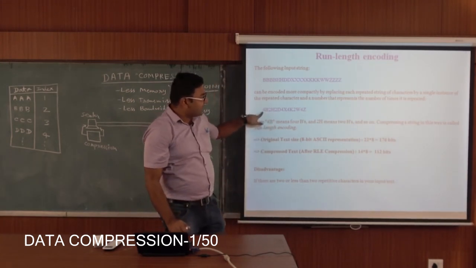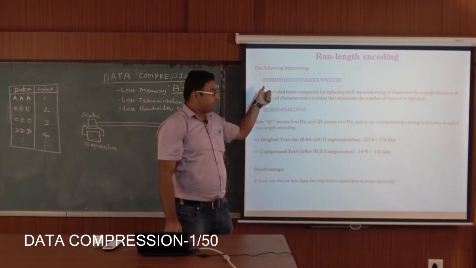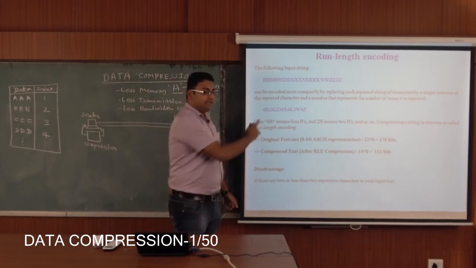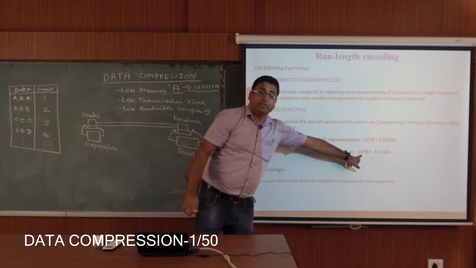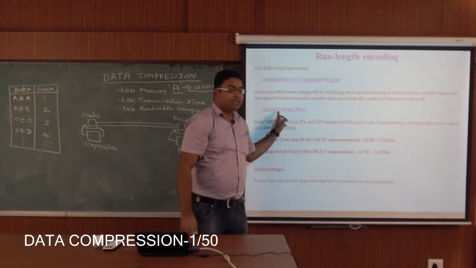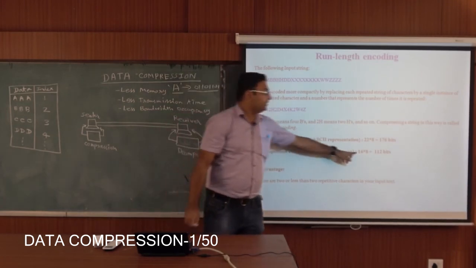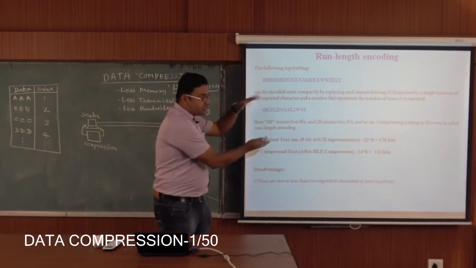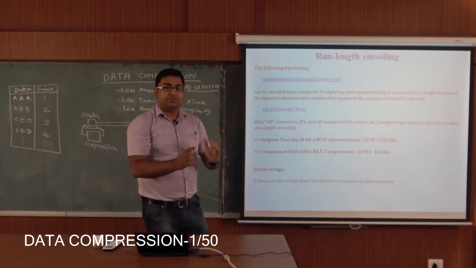Now after applying this technique, representing each character by a number followed by the name of the character, we will represent these 22 characters by 14 characters. Again each character is represented by 8 bits, so 14 into 8 is 112 bits. In this way we can reduce the size of the text we are trying to send.